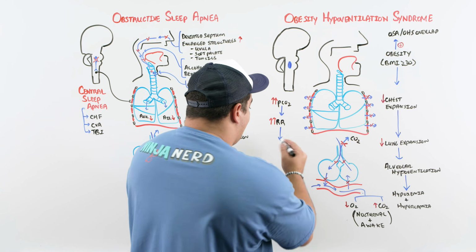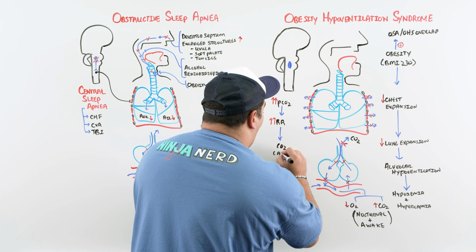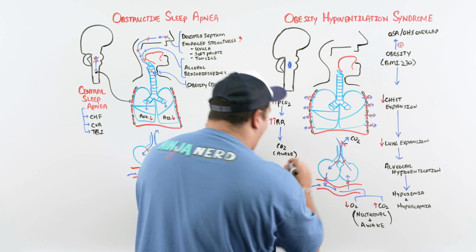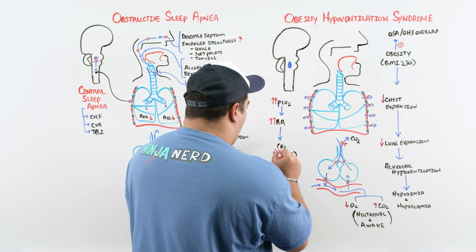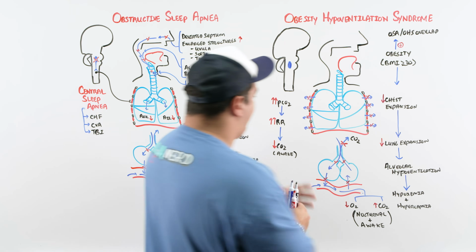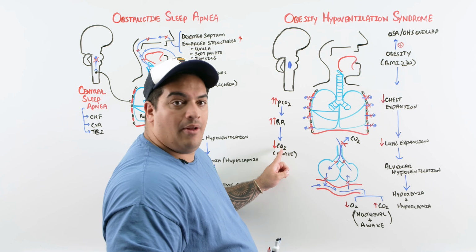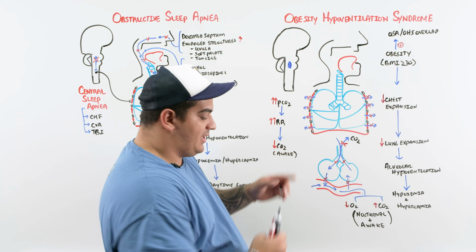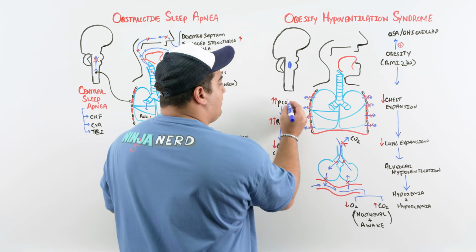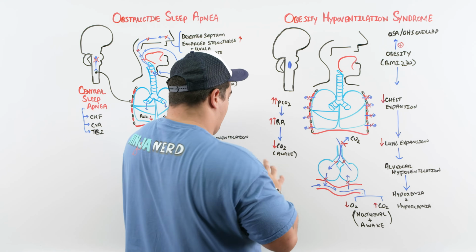Okay, and they may decrease their CO2 while they're awake, potentially, right? But here's the problem. When they fall asleep sometimes, this actually doesn't occur as well. So they won't be able to do this process. And so sometimes what happens is the CO2 will build up during the night.